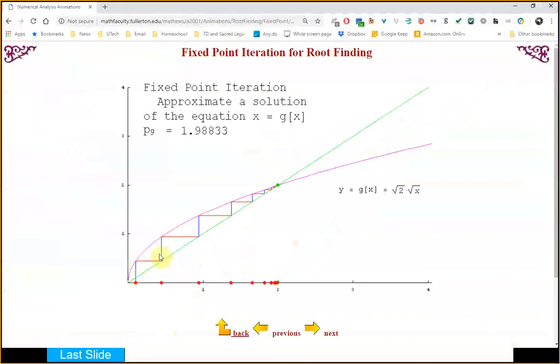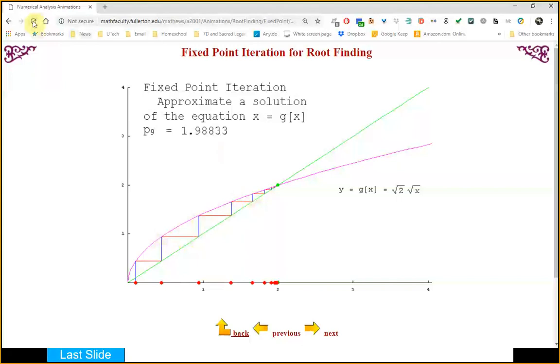When it plugged in 0.4, it got about 0.9. Everybody seeing where the arrow is pointing? Yes, sir. Alright, and it plugged in 0.9, and when it plugged in 0.9, it got about 1.3. When it plugged in 1.3, it got about 1.5. When it plugged in 1.5, it got about 1.67, and so forth.